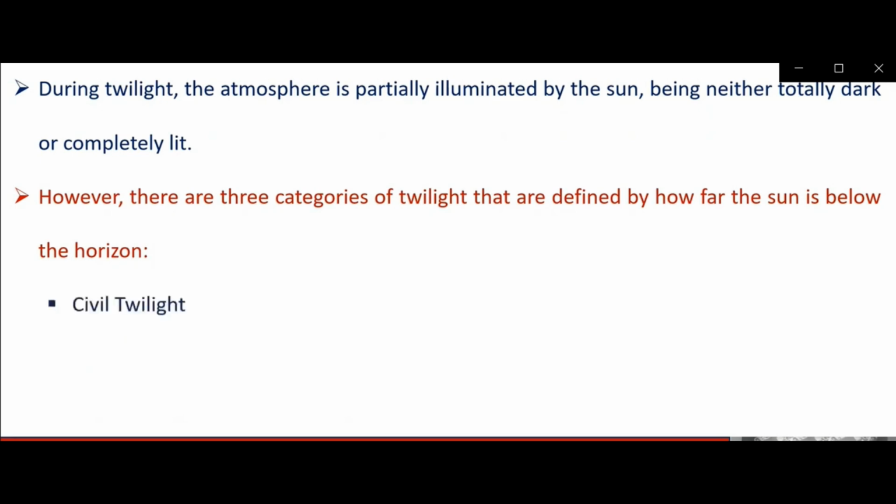And these three categories are civil twilight, nautical twilight, and the astronomical twilight. Let us understand a little more about the twilights through this diagram. In this diagram, the observer is at the center of the circle, and this diameter of the circle represents the observer's horizon. The circle here represents the daily apparent path of the sun.